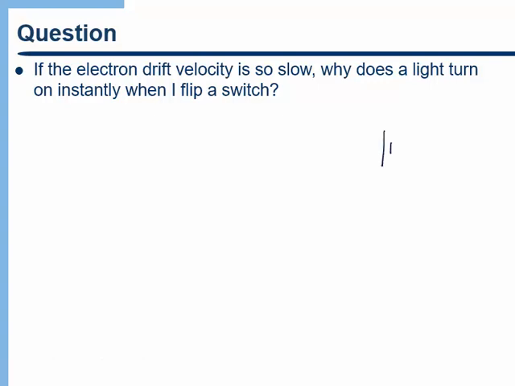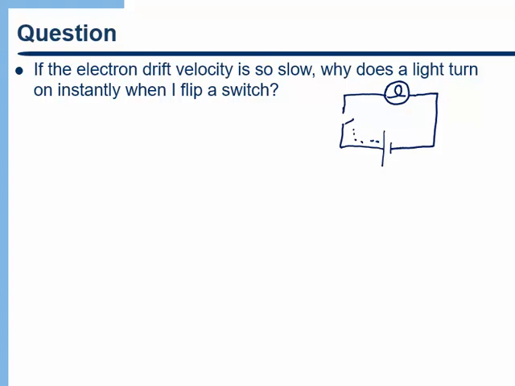So if you think about a circuit where I've got a switch and a light bulb and a battery, if those electrons are traveling so slowly around the circuit, why is it that when I flip that switch, the light turns on essentially instantly?